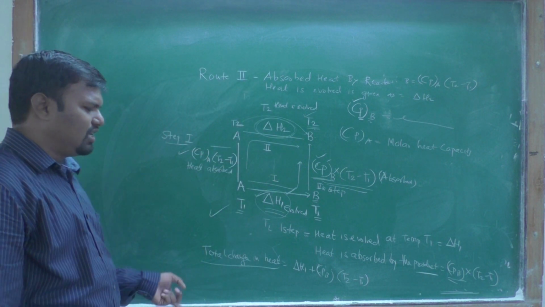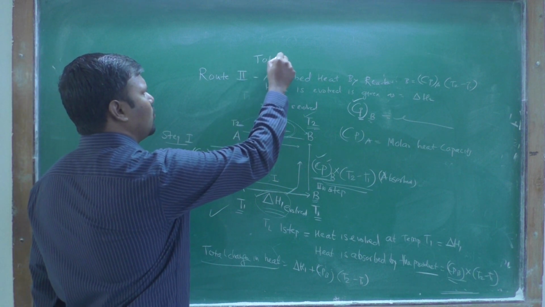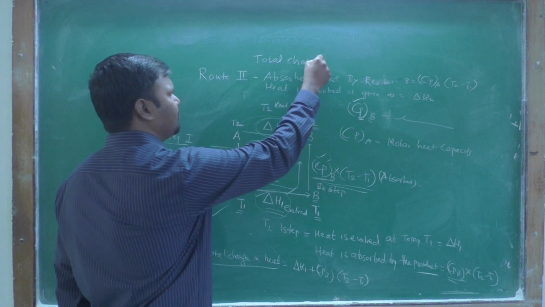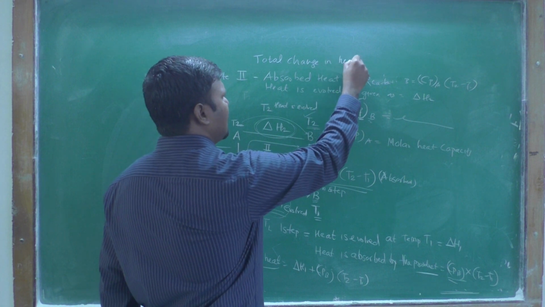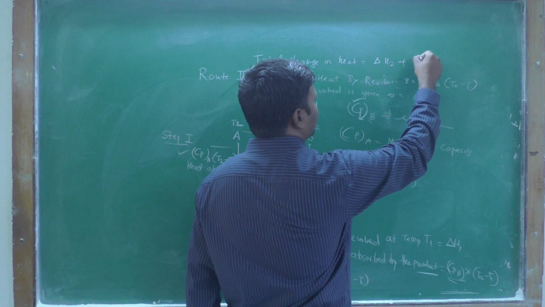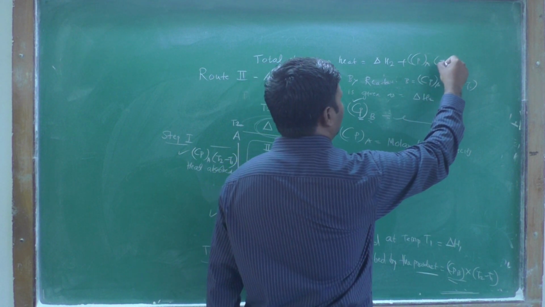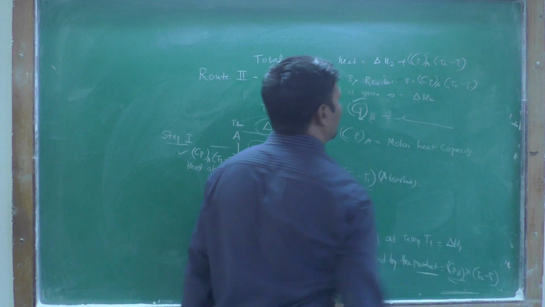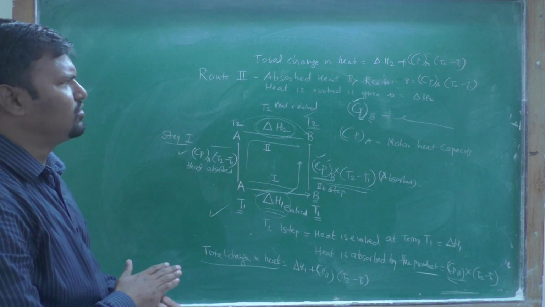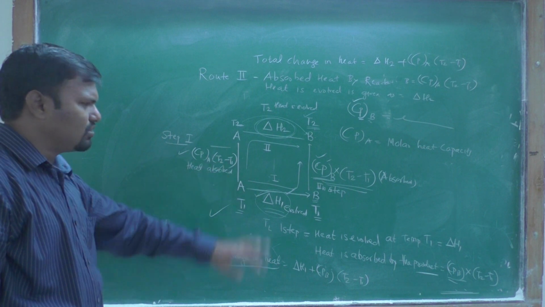Therefore, for the second route, the total change in heat is equal to delta H2 plus Cpa into T2 minus T1. This is the total change in heat during the second route.